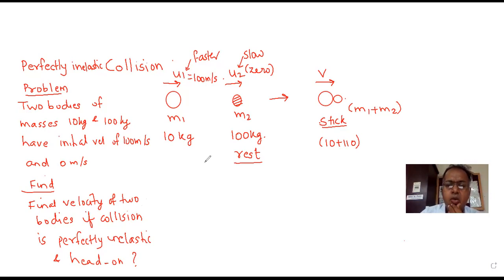सो लेट अस नाउ सॉल्व दिस. सो हाऊ डू यू सॉल्व दिस? फॉर सॉल्विंग दिस खूपच सोपं आहे. सो वी नीड टू अप्लाय द लॉ ऑफ कंजर्वेशन ऑफ मोमेंटम. Okay, so what is the law of conservation of momentum?